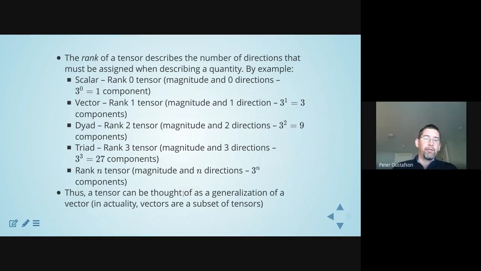So the simplest tensor is actually a scalar. It's a rank 0 tensor. It's a magnitude with 0 directions. Now, one way to think of it is how many components exist on a scalar. Well, it's 1. In this case, it's 3 to the power 0. So a scalar is just represented by one magnitude.